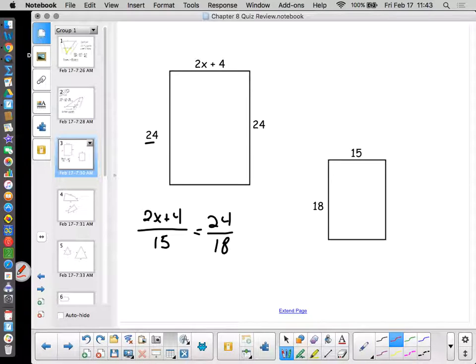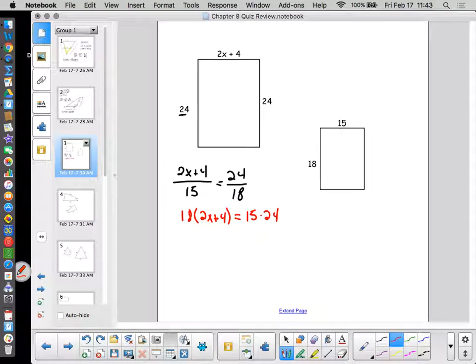Okay. So I can go 18 times 2x plus 4 equals 15 times 24. And now I just do the math. 18 times 2 is 36x plus 72 equals 360.